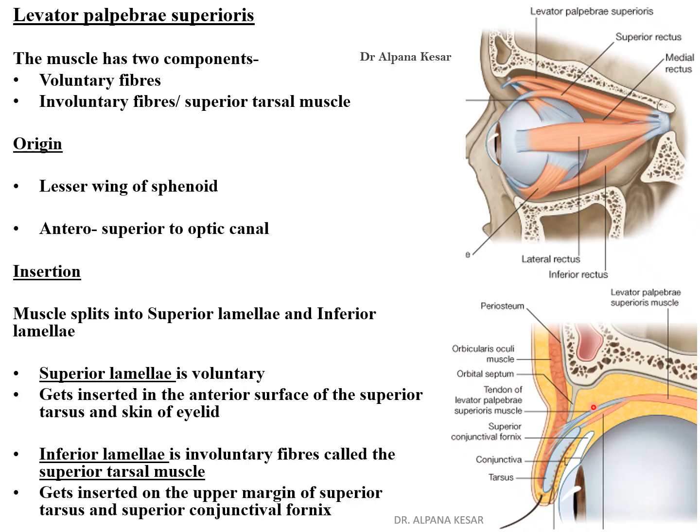Superior lamellae is voluntary and gets inserted on the anterior surface of the superior tarsus and also in the skin of the eyelids. The inferior lamellae is involuntary and it is also known as the superior tarsal muscle. It gets inserted on the upper margin of the superior tarsus and also in the superior conjunctival fornix.